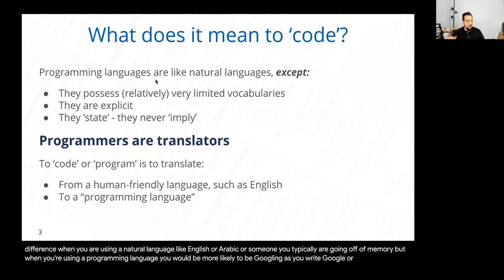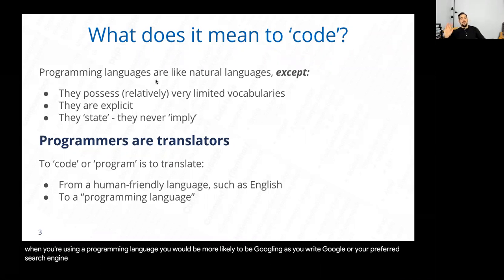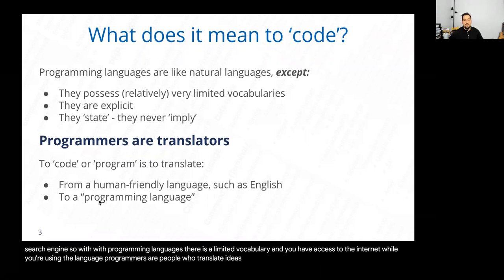Google or your preferred search engine. So with programming languages, there's a limited vocabulary and you have access to the internet while you're using the language. Programmers are people who translate ideas to one of these more limited programming languages.